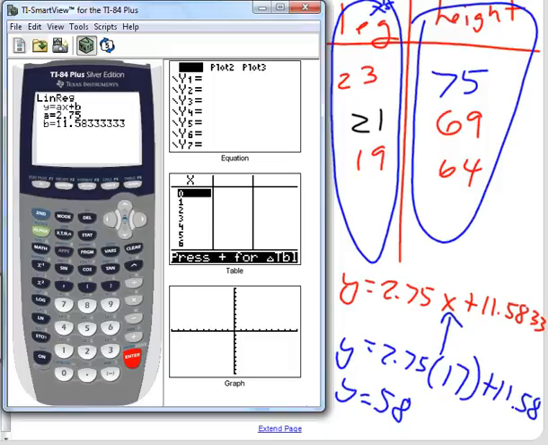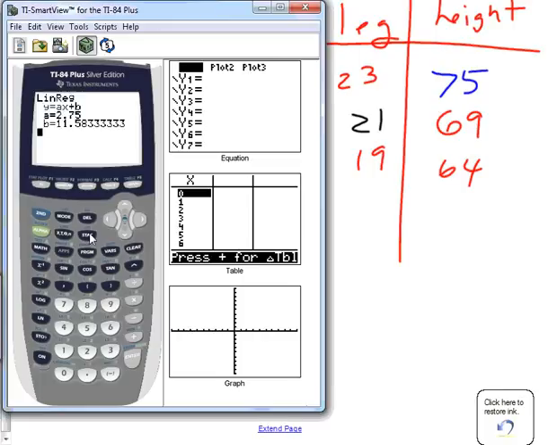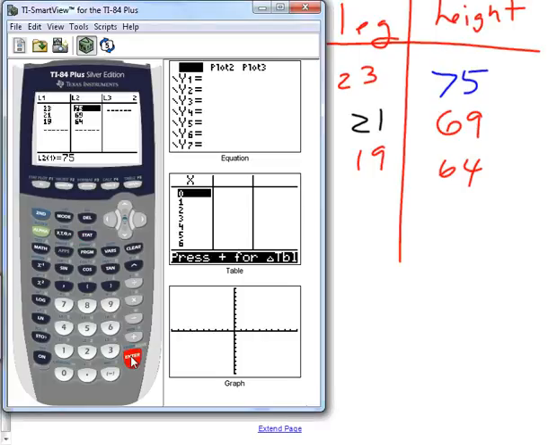Okay, that is called a linear regression. I want you to go through the steps one more time with me. Everybody hit stat. Oh, I gotta clear my board off here. Hit stat. What's the first thing you do when you get a linear regression problem? You edit your data. Everybody hit enter, and you change these numbers a little bit.